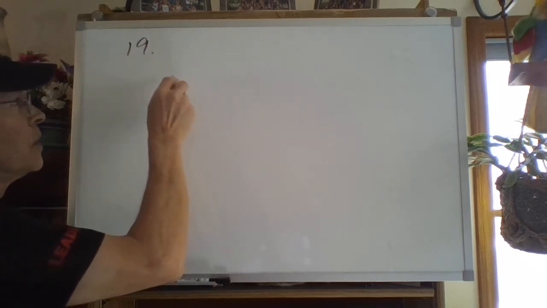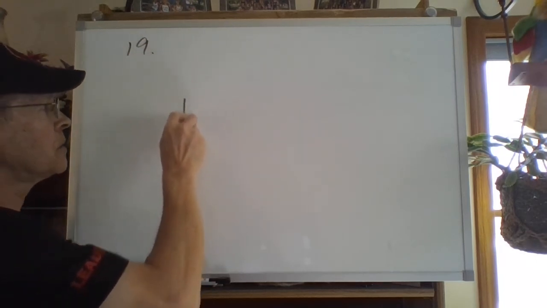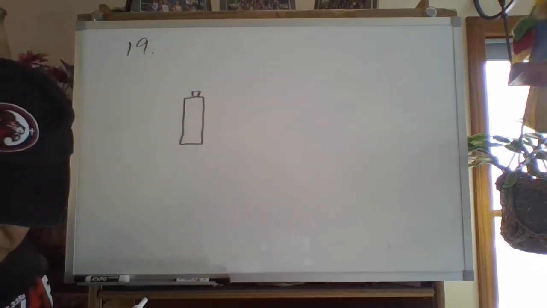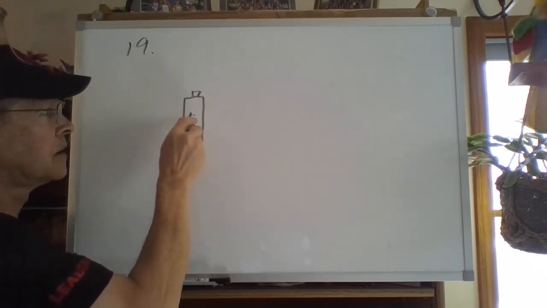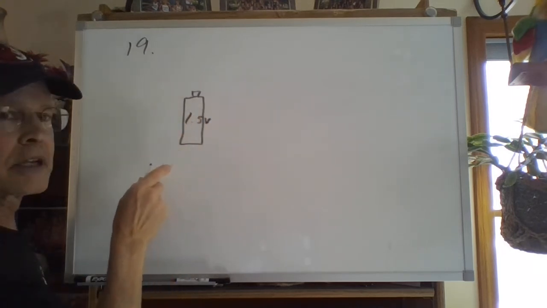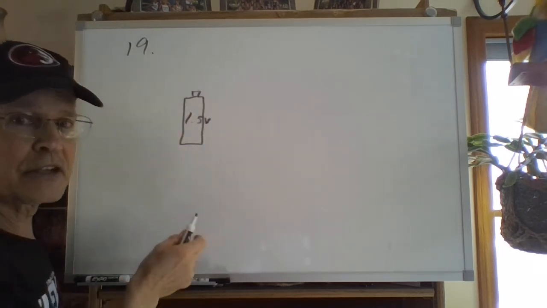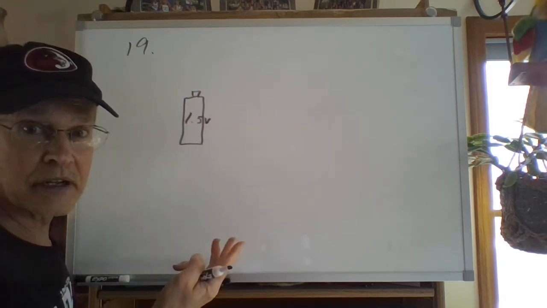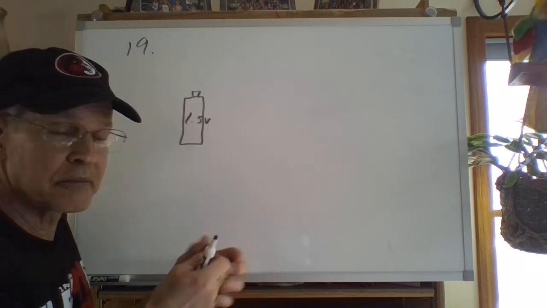Number 19. In series, well, an electrochemical cell, if it's 1.5 volts, by the way, 1.5 volts, that could be a D cell, a C cell, a AA cell, a AAA cell. AAA is for the remote in your TV.